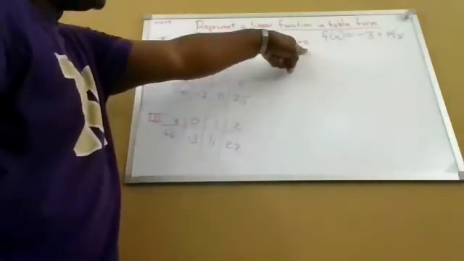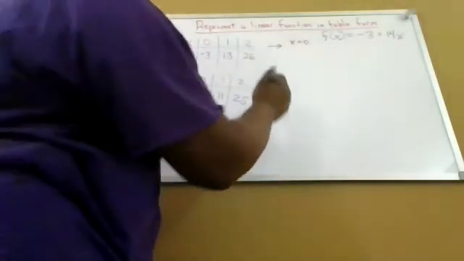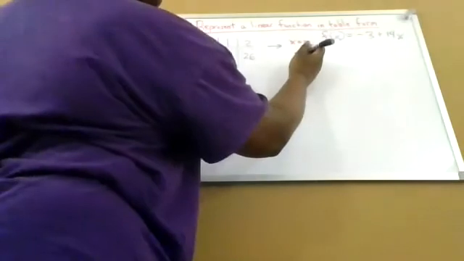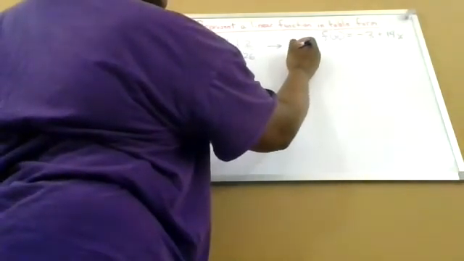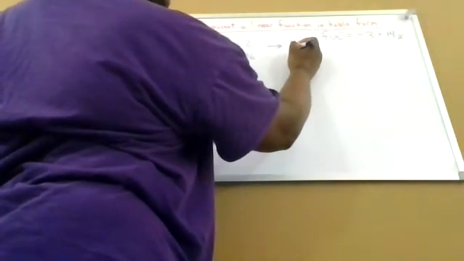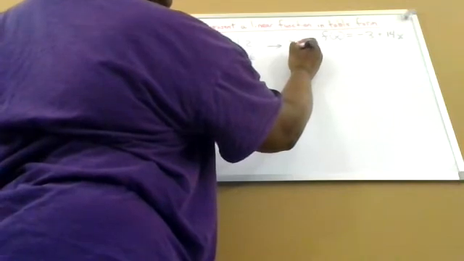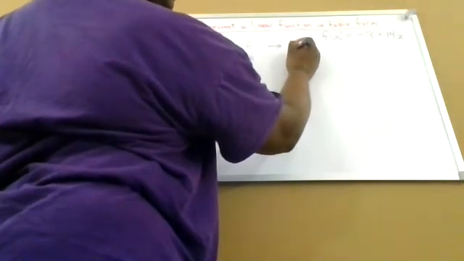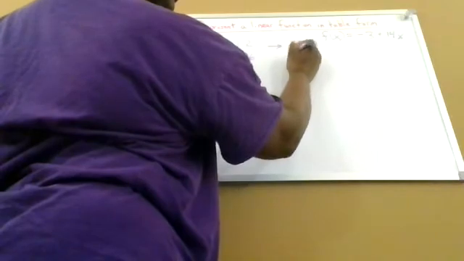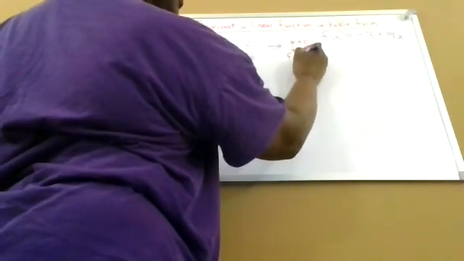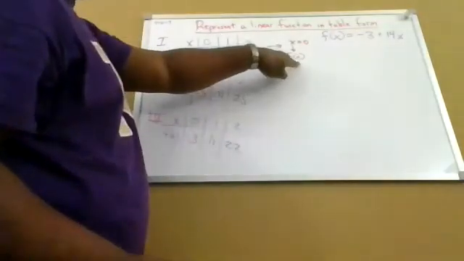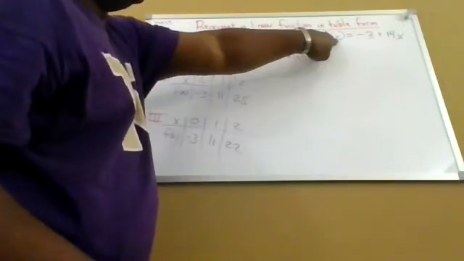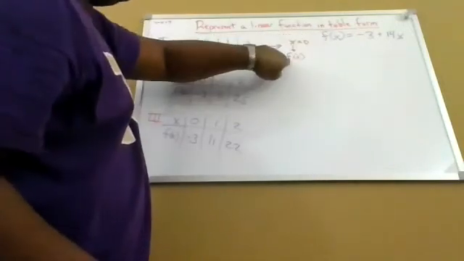So I have when X equals 0, I'm substituting in 0 for X, so I'm writing F of 0.